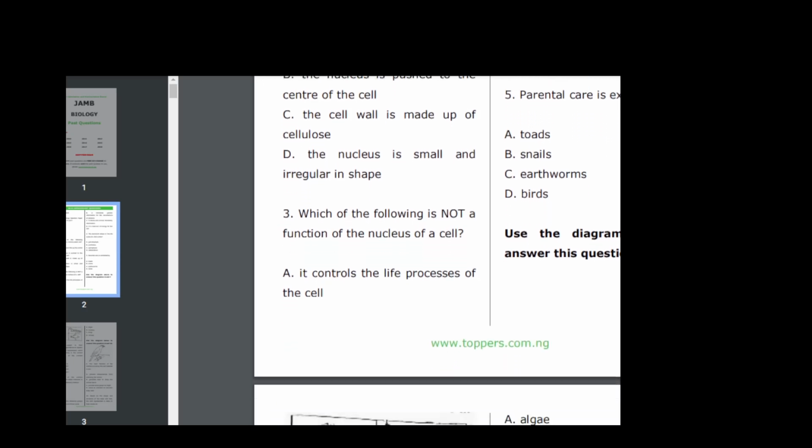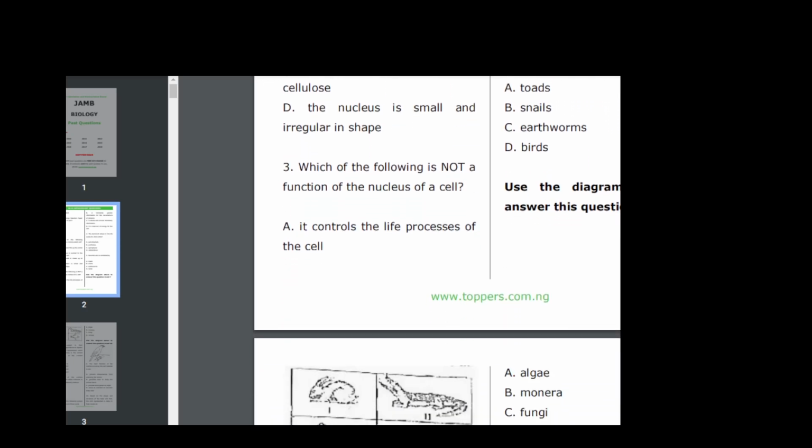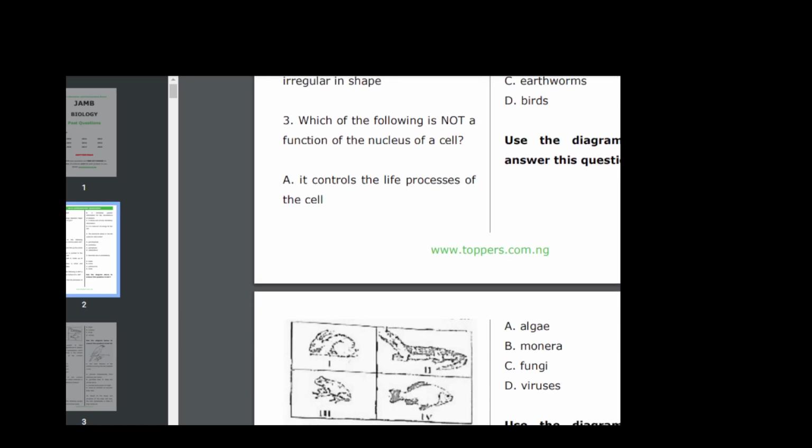So the next question we have there, it says, which of the following is not a function of the nucleus of a cell? A says it controls the life processes of the cell.